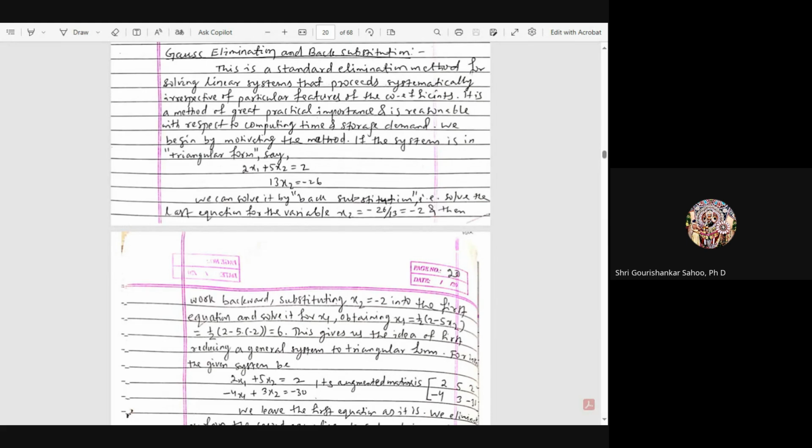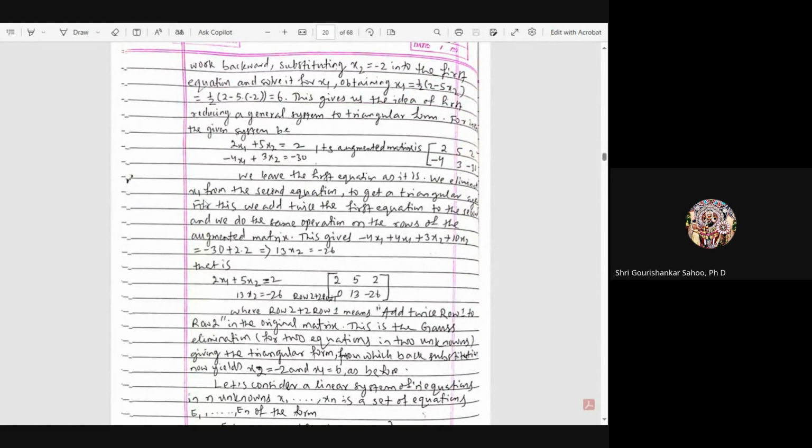Then by putting the values of these two variables, you can get the value of the third variable, and so on, and you can solve the equations and arrive at the solution of the system of equations, and you have your values of all the variables very elegantly.